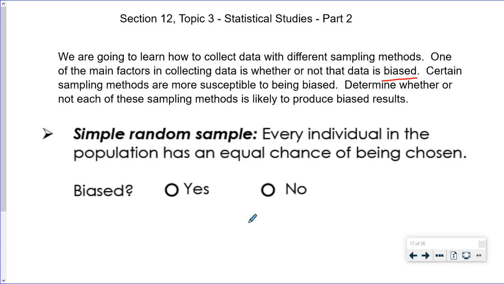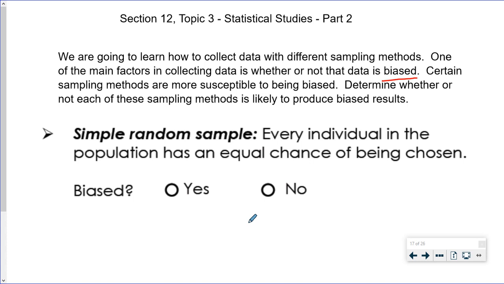An example of simple random sample. Let's say that at Auburndale High School, they wanted to figure out what students thought of the school lunches. A simple random sample way of doing this would be that every single student at the school has their name put into, let's say, Microsoft Excel, or a number assigned to each student.